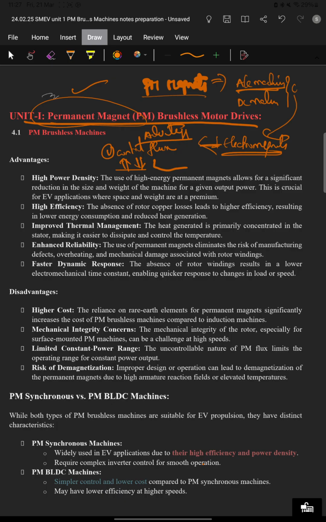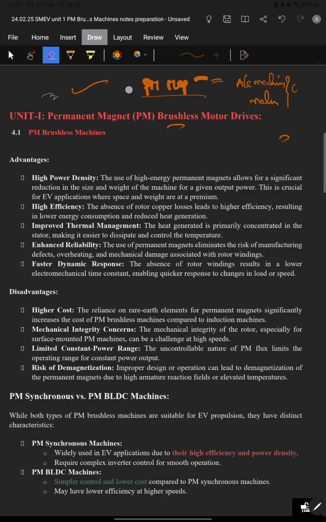Now coming to the next thing: why am I going with brushless motors here? You might already know this. In DC machines we use a commutator and brushes.